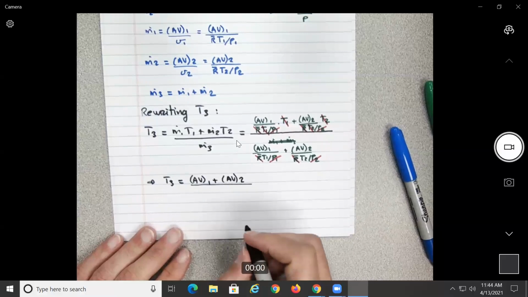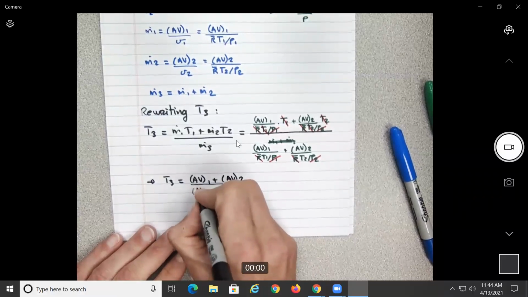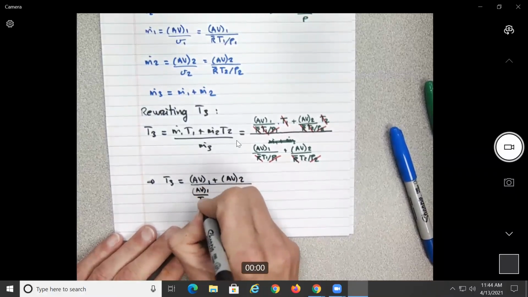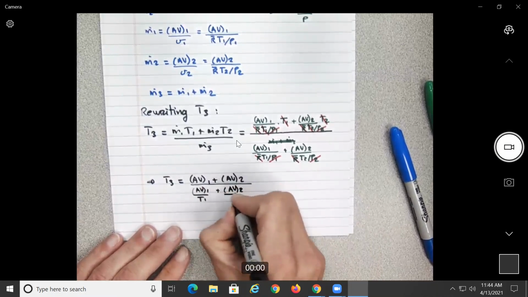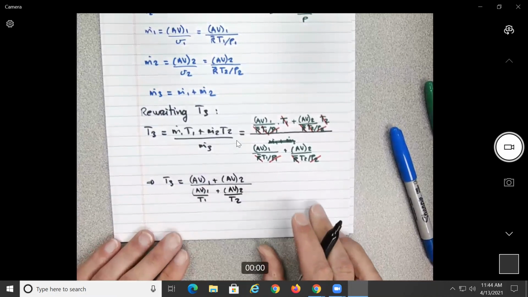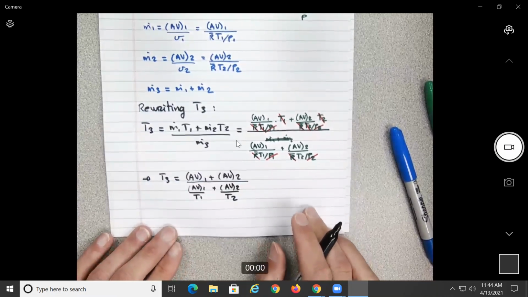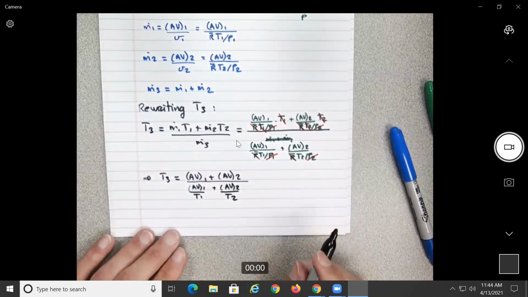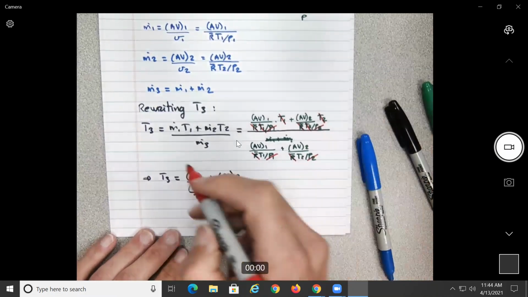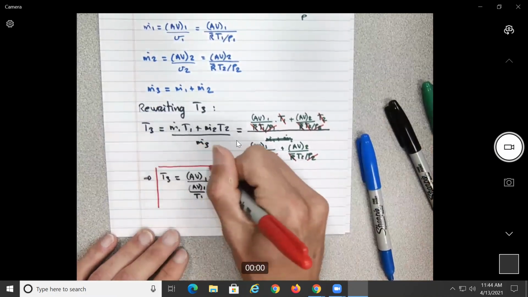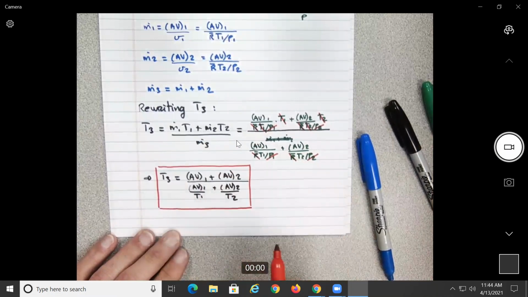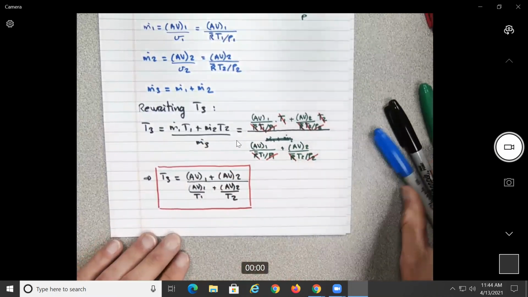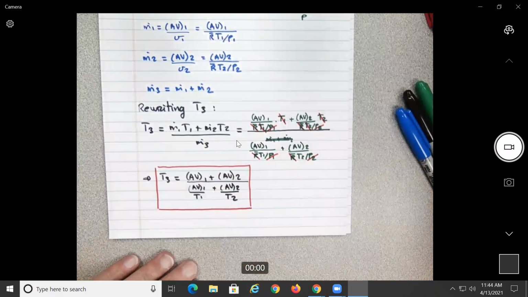Divided by AV1 divided by T1 plus AV2 divided by T2. Okay, so let's do the numerical application and see what happens.